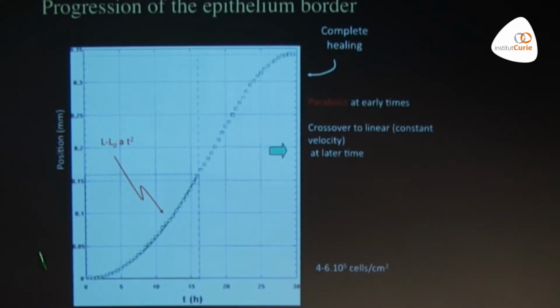If you look back at the experiment, one thing that is seen is a crossover. If you look at the mean advance of this interface, it starts quadratically and then linear. And then, of course, it stops when it encounters the other boundary. So that's data, and that's one kind of thing that one would like to understand better.